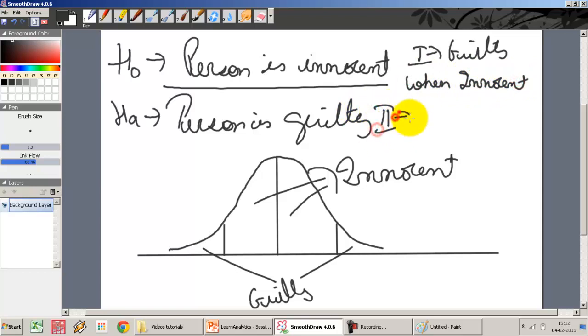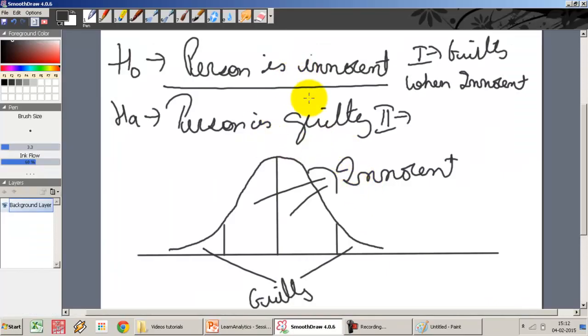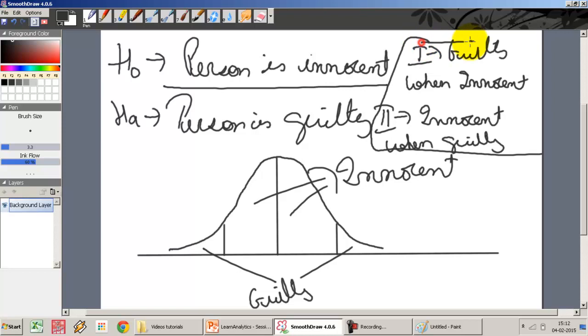What's the type 2 error? Accepting the null when the null is false. Accepting a person is innocent when actually guilty. So what kind of error is going to be more catastrophic in this case?